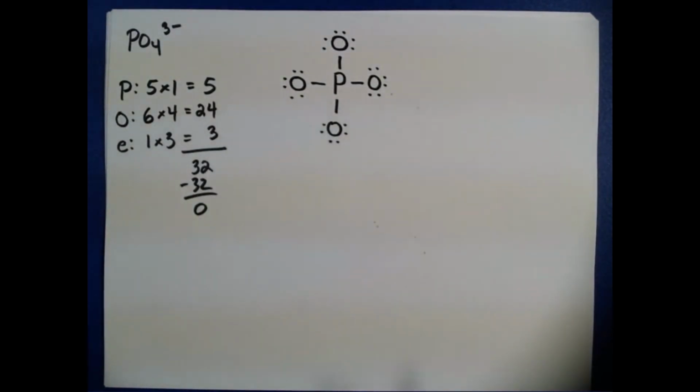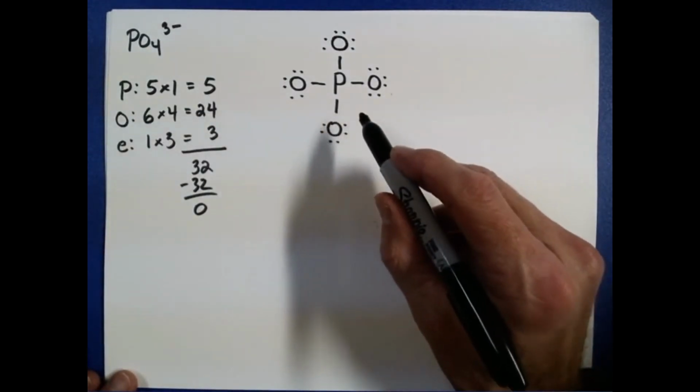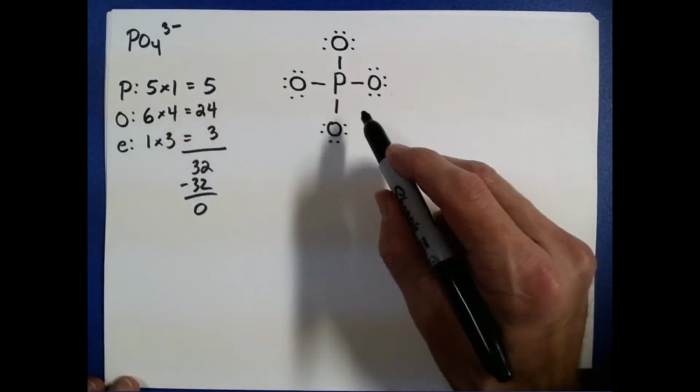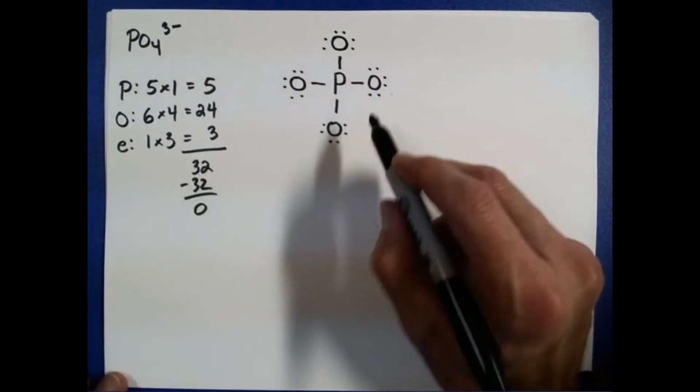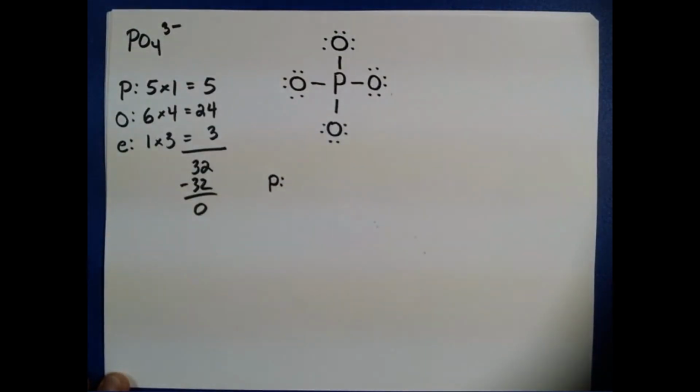And we could stop here and say this is a good resonance structure, but we're going to apply the electroneutrality principle here and see that we can actually draw a better Lewis structure. So we're going to start with phosphorus and find its formal charge.